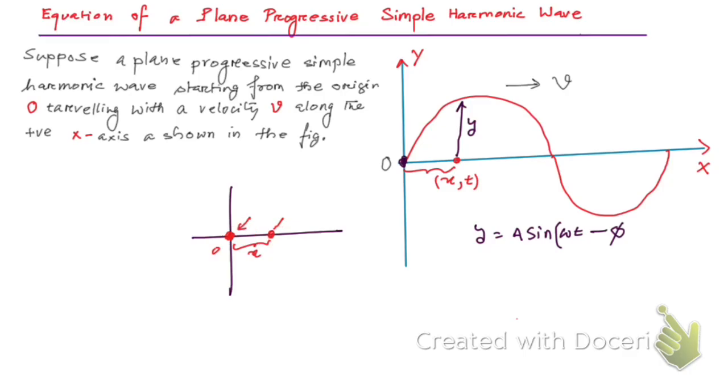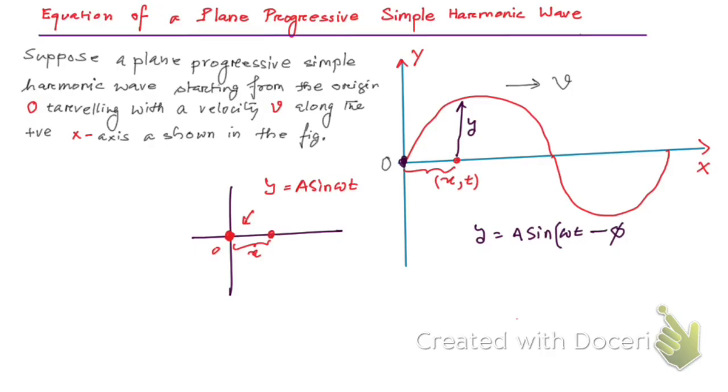Now if we consider the particle at O, its displacement will be given by y equal to a sin omega t, where the initial phase is 0.